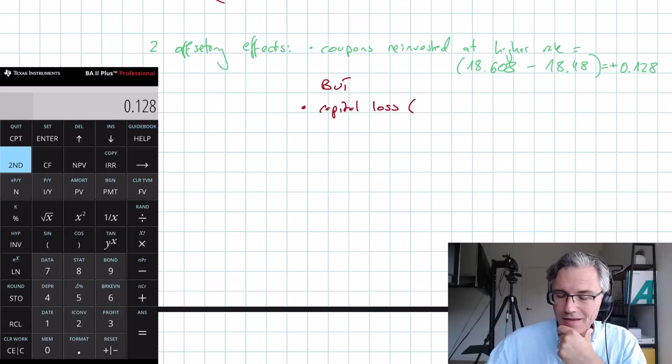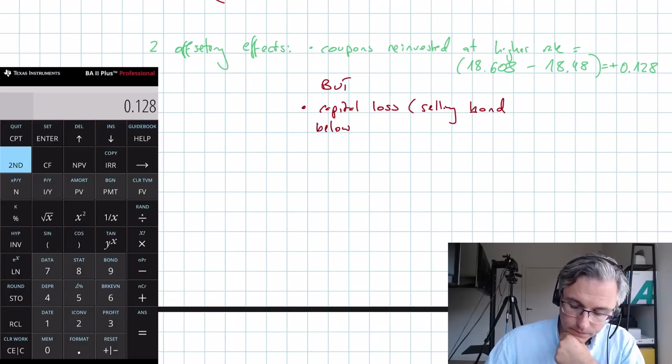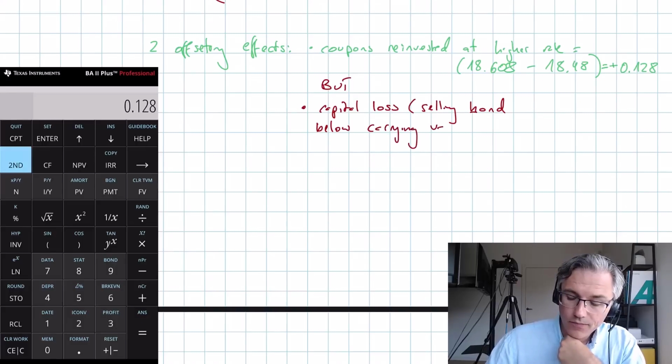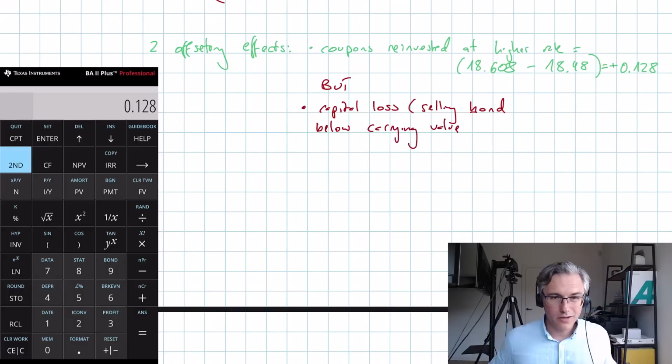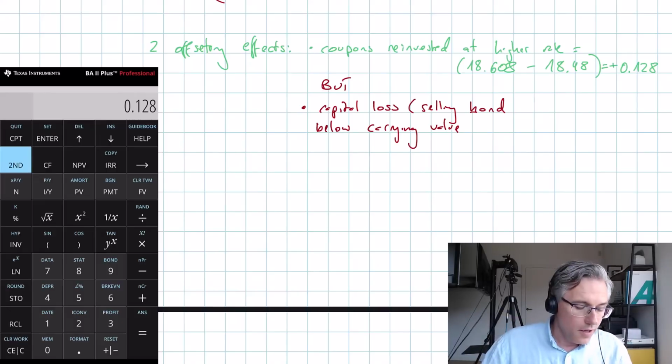Because we sell the bond below its carrying value. And the carrying value is the value that would come from that constant yield price trajectory.